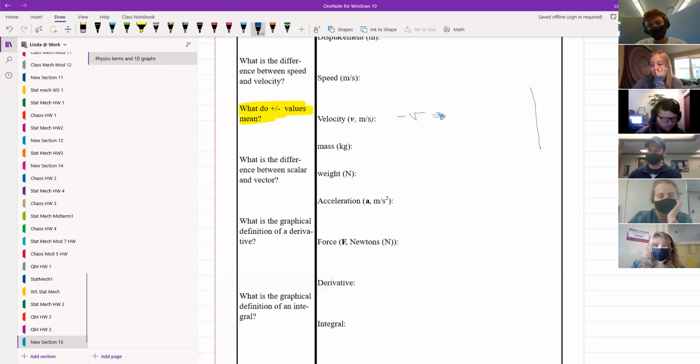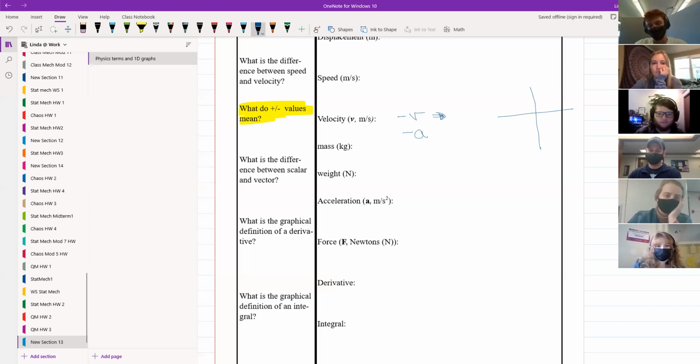So the reason why I bring that up is we're going to get into negative acceleration and negative velocities. And what people tend to do is assume that negative acceleration means you're slowing down, or that negative velocity means that you're slowing down.